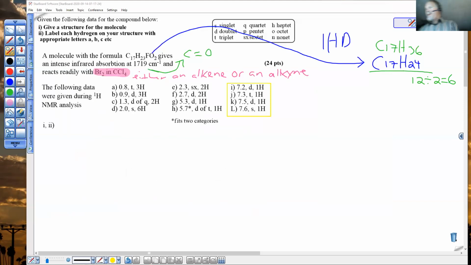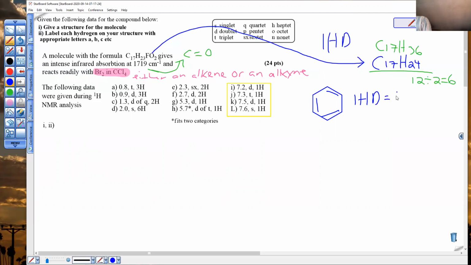That is an IHD machine. If you have one benzene in your molecule, I got the bond straightening tool on here. If you have one benzene in your molecule, IHD is 4. 3 pi, 1 ring.